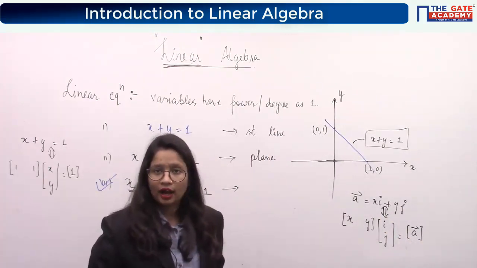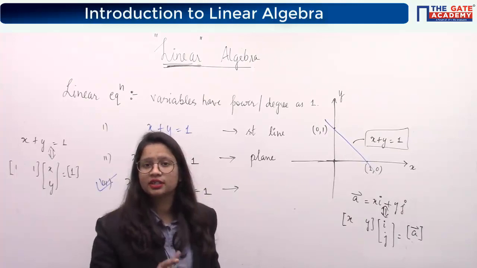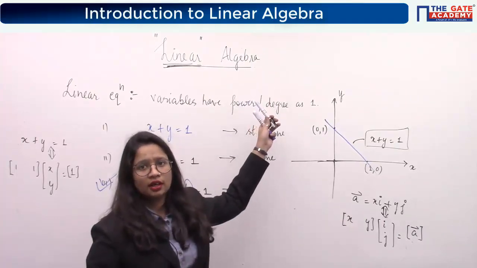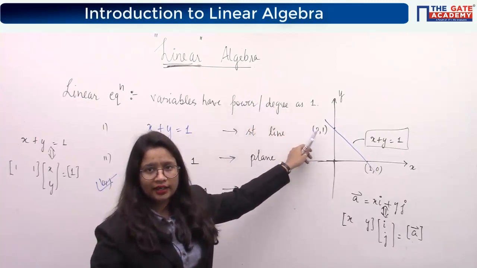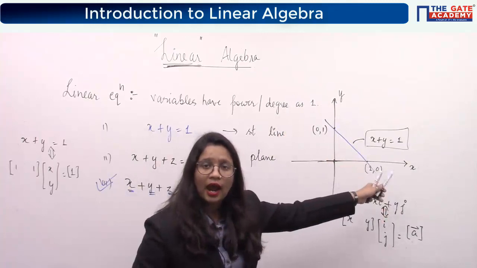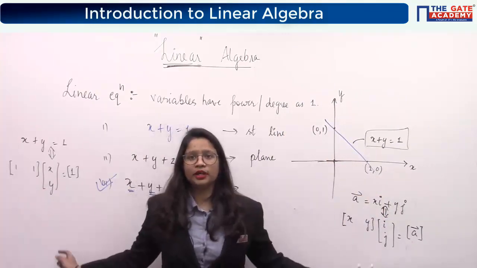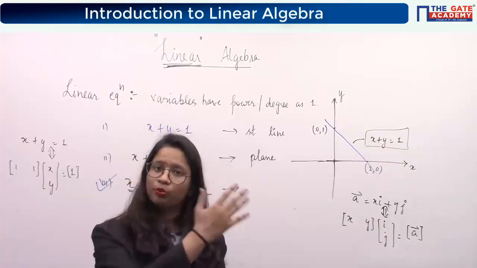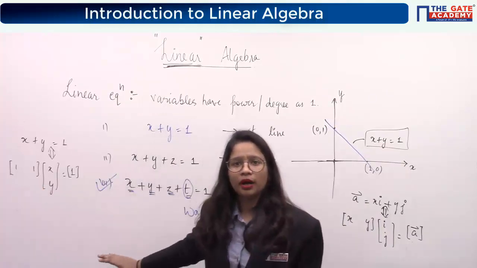So again, why are we using matrices and determinants in linear algebra? Because linear algebra means linear equations. Linear equations are lines or planes which can again be written in terms of vectors. And vectors and lines both can be written in terms of matrices. So the one thing that can represent both the quantities is your matrices.